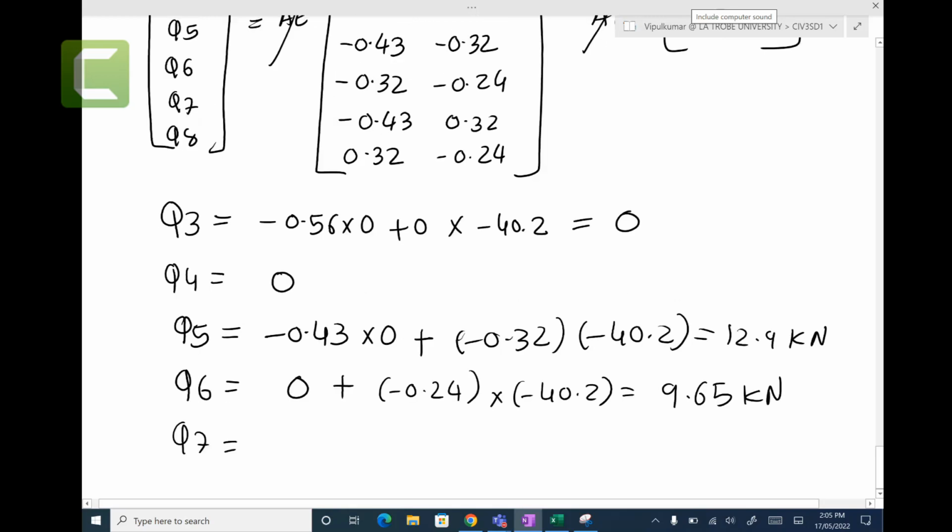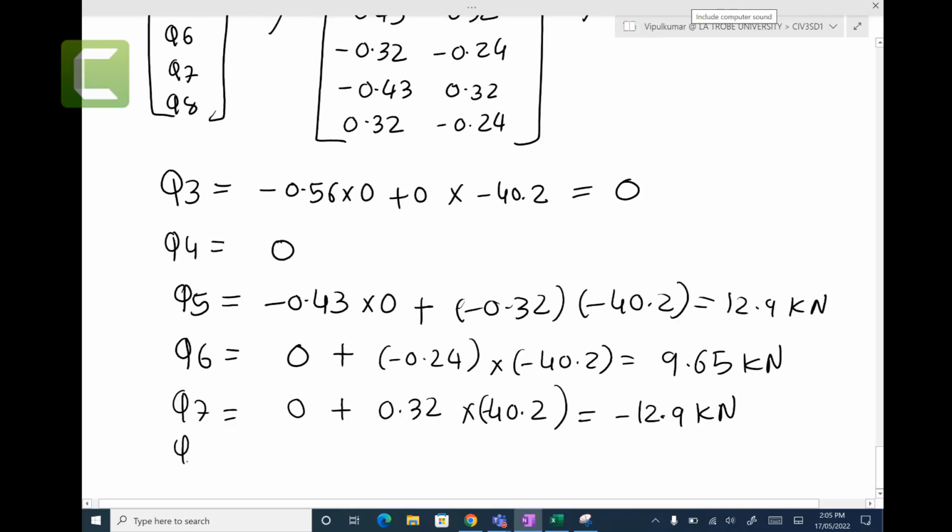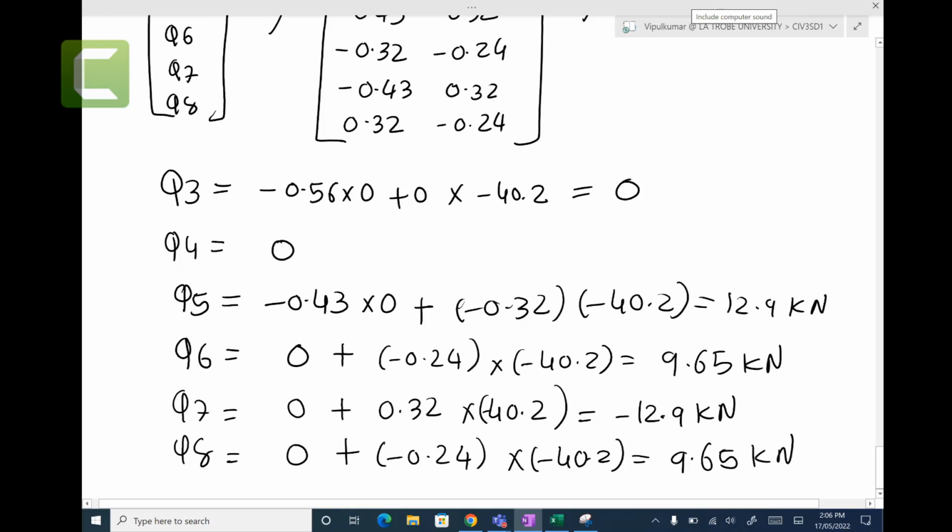Q7, first one is 0, minus 0.32 times 40.2, which is minus 12.9 kilonewtons. Q8 is 0 minus 0.24 times 40.2, which is minus 9.65 kilonewtons.